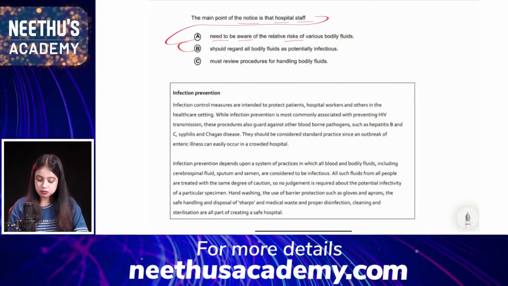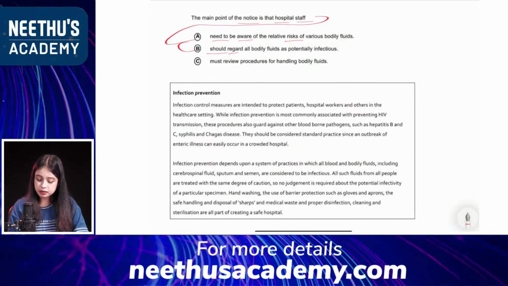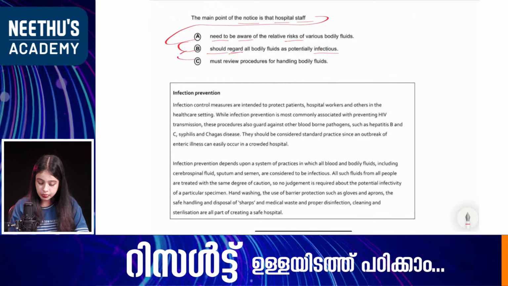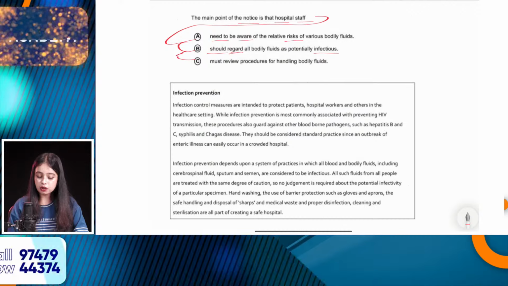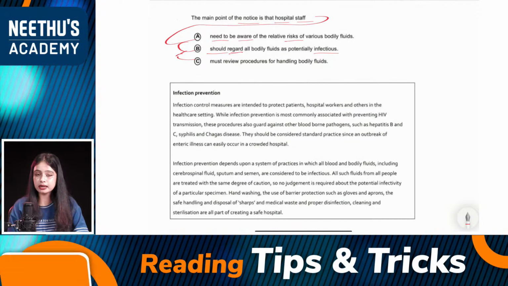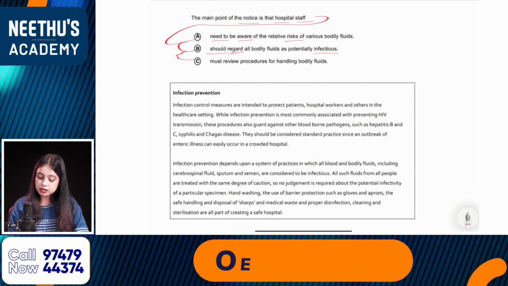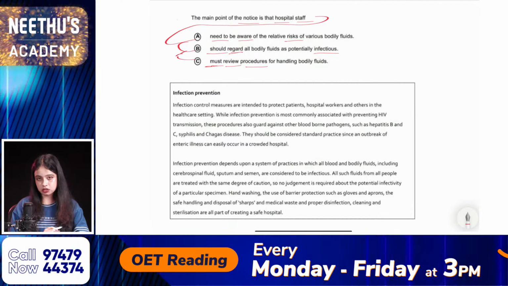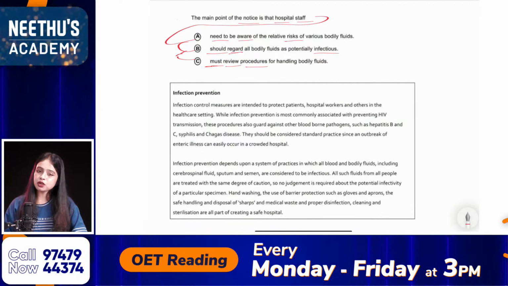My keywords are should regard, infectious. And option C: the main point of the notice is that hospital staff must review procedures for handling bodily fluids. My keywords are must review procedures. So these are my keywords from these 3 options. Let me know your answer please.